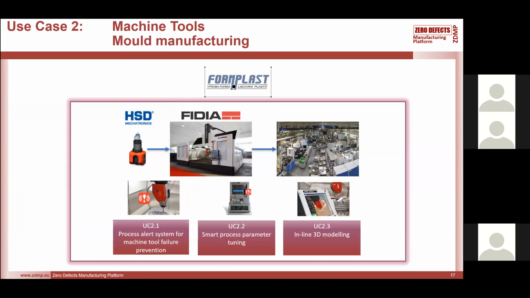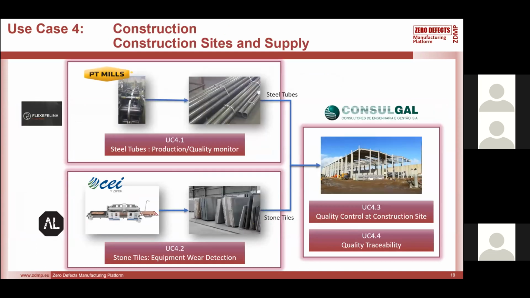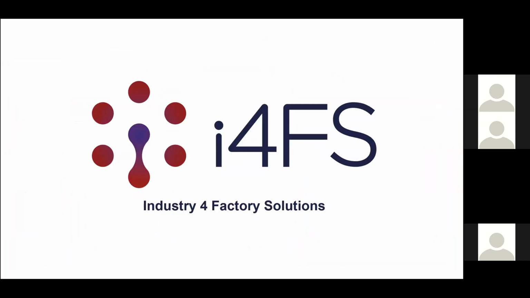We have a similar kind of setup in the machine tools and mold manufacturing situation. Another one, Continental, I think, is most famous for the tires, but they do a lot more. They do the instrumentation control panels. So here we're looking at this in the electronics industry. And I mentioned the construction case involving steel tubes, tiles, and overall building control.